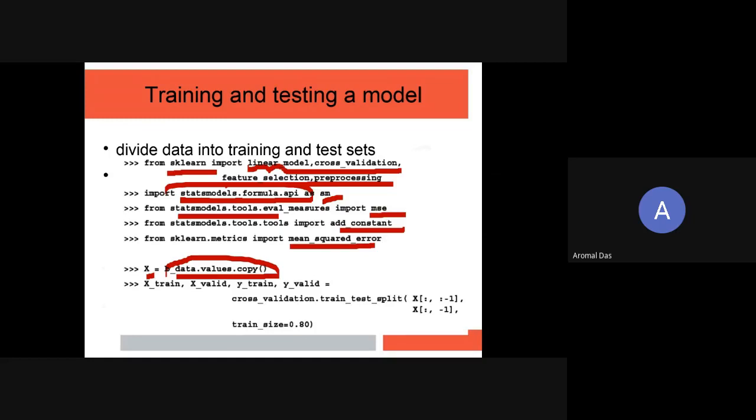So we need to split the data set into training set and test set. It is based on cross validation. That is cross validation. We are splitting it into training set and test set. Okay, training set is set as 80%. This means training set is 80%.